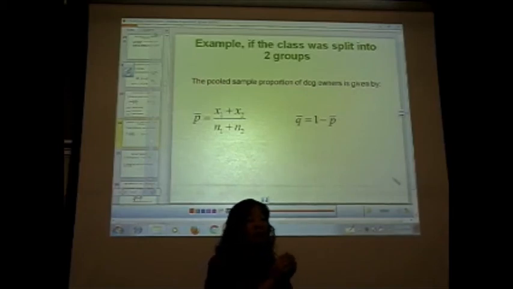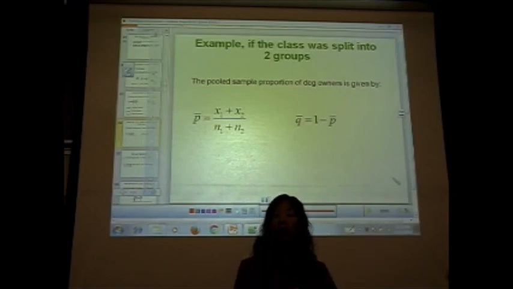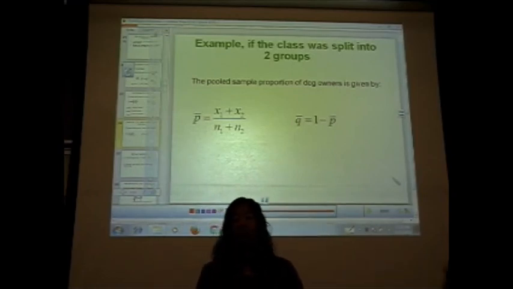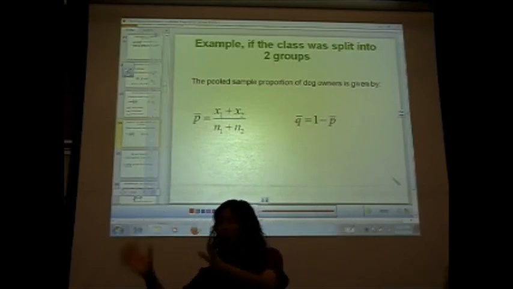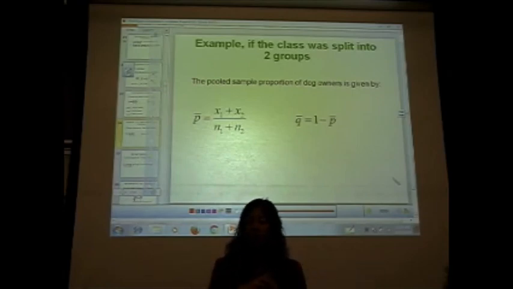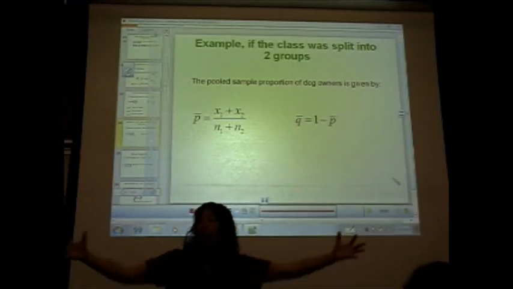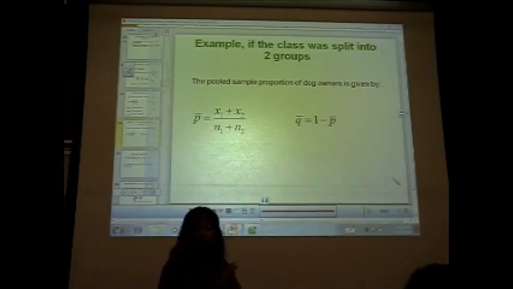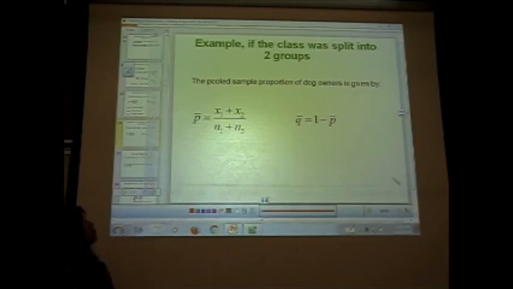So your P hat 2 would be 8 out of 15. Everybody on board with that part? If I pull you together, then I'd say, okay, 12 plus 8, 20 of you out of 20 plus 15, 35 of you, 20 out of 35 of all of you own a dog. So you guys kind of on board with that part? So that's what this pooled one is. If you added both of the samples together, what would you get? That's what the P bar is, and the Q bar.